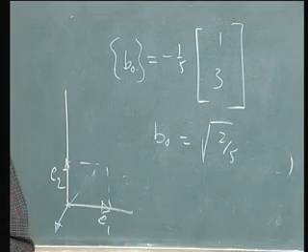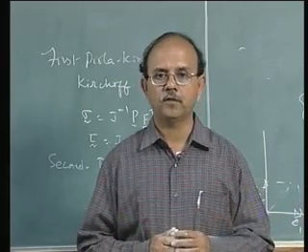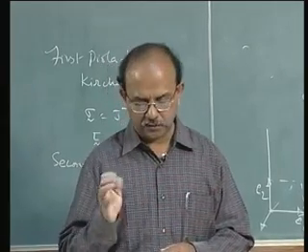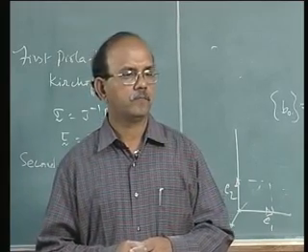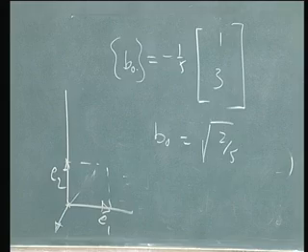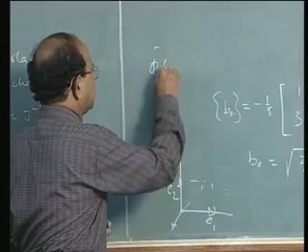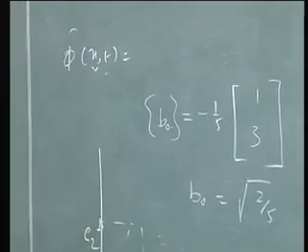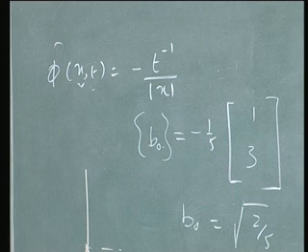In the current configuration of a continuum body, a certain physical quantity, whatever be the quantity, is given in space and time. That physical quantity, say let me call that phi of x and t, space and time, is written as minus t inverse mod of x.